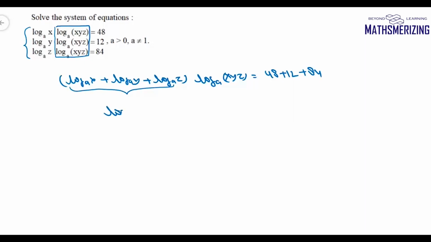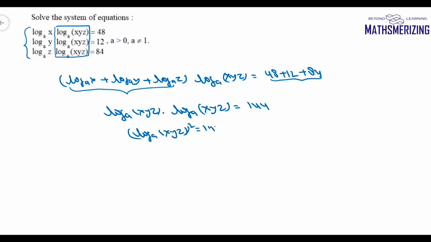So I'll get this as log xyz, and this again is also log xyz, and if I add them, I'll get this as 144. So basically I'll get log xyz whole square is equal to 144. So that is log xyz is equal to plus or minus 12.